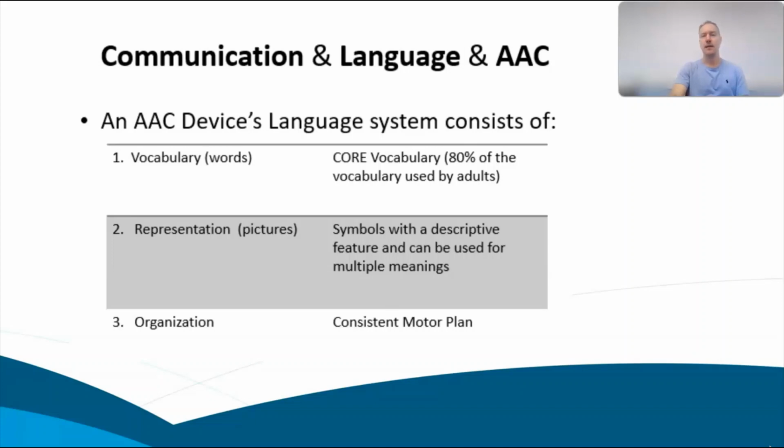We also must look at how these words are represented with pictures and/or symbols and words. Lastly, we want to make sure the device is organized in a manner where words are easy to access and are located in consistent places so that the user can easily remember the location of the word.